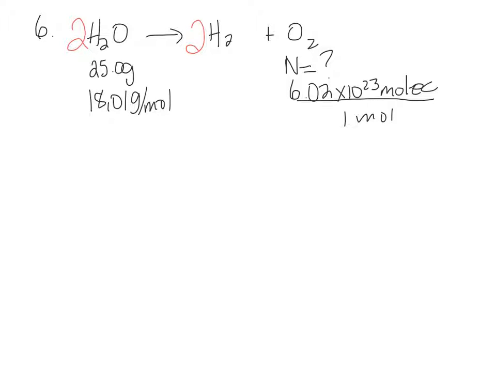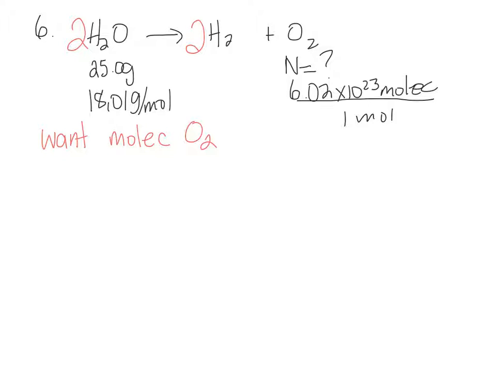So, can you identify what we have to find in the question? Okay, now that we've identified what we want, let's look at what we've got and see if we can get there using the numbers that we have. Is there anything up there that actually has molecules already in it?